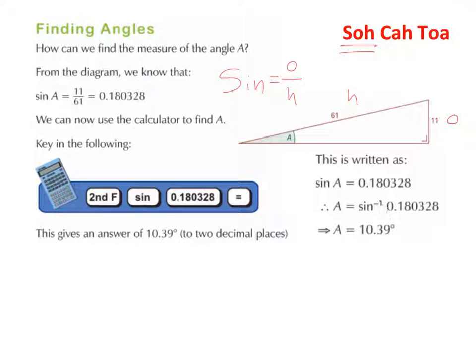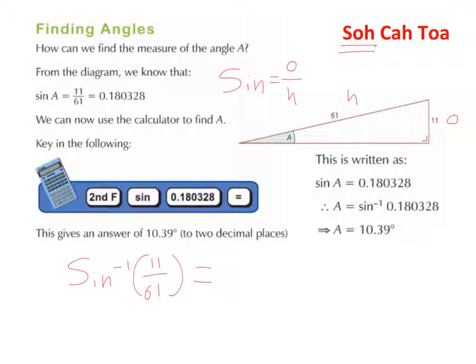This little minus 1 here represents the inverse function. So we press second function, and sine minus 1 should come up. Then we put in our number, press equals, and we get our angle, 10.39 degrees. Now, alternatively, we could have straight away put sine minus 1 bracket 11 over 61 bracket into the calculator and gotten 10.39 degrees.